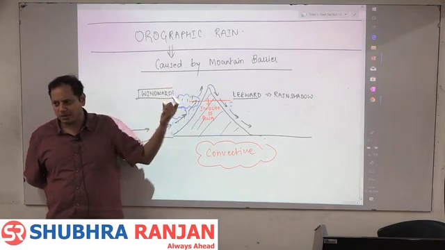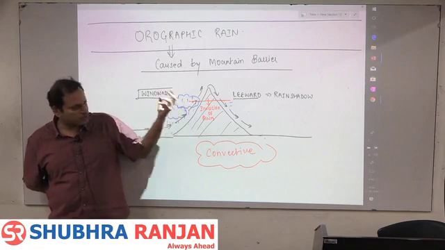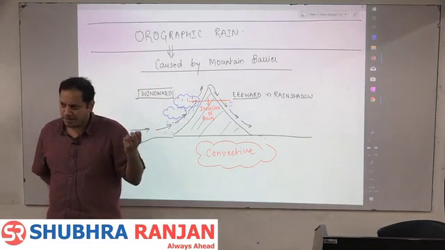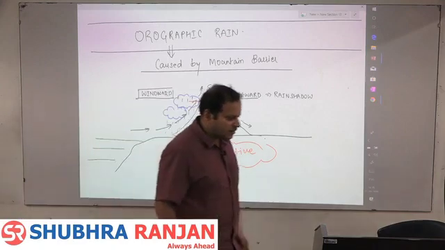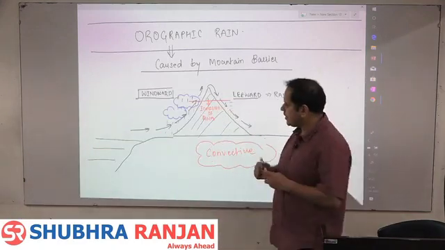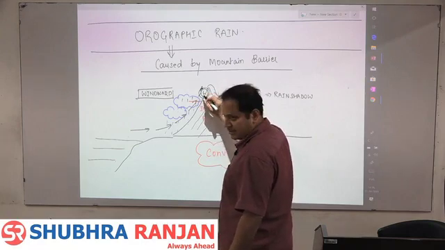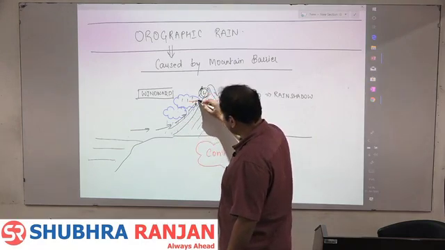Soil will also not be there. So during the daytime, this rock will absorb a large amount of heat and become very, very hot. As a result, low pressure will develop here, only during the daytime. Due to the low pressure developed here, wind will start rising upwards convectively.